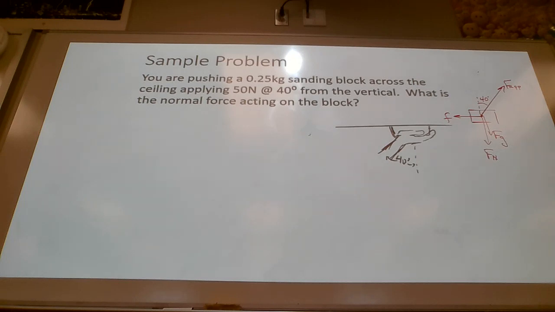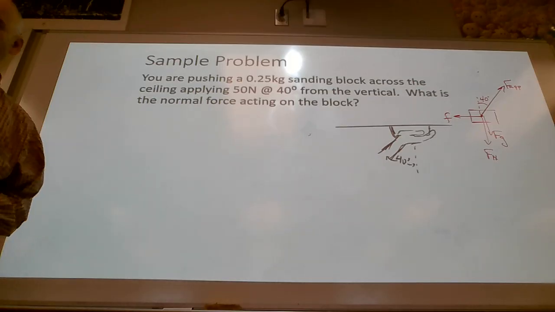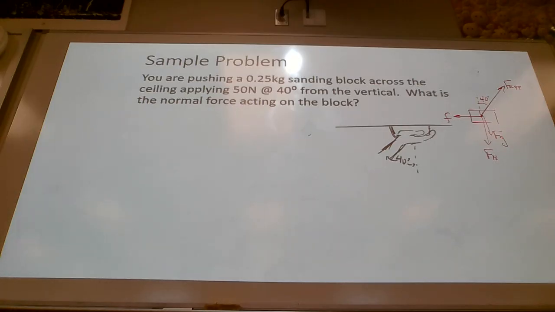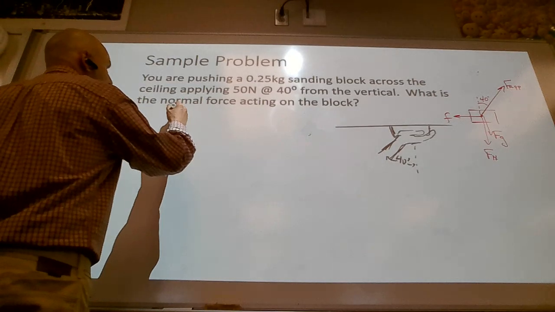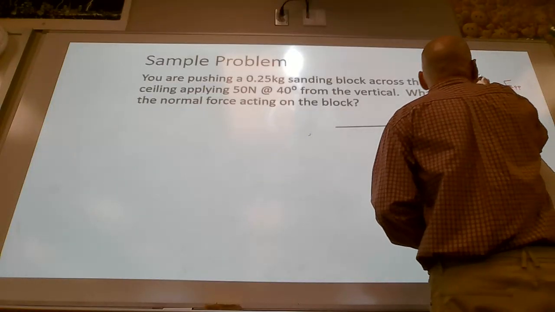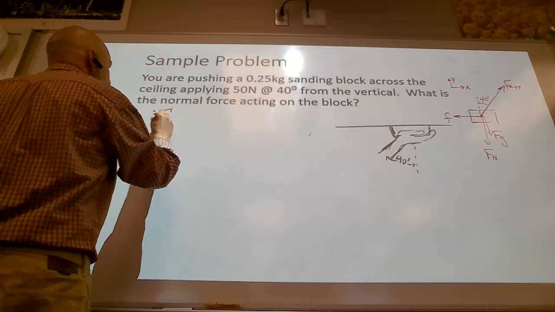Make sure you have your free body diagram right before you move on. And make right positive, up positive, some force in the X direction.